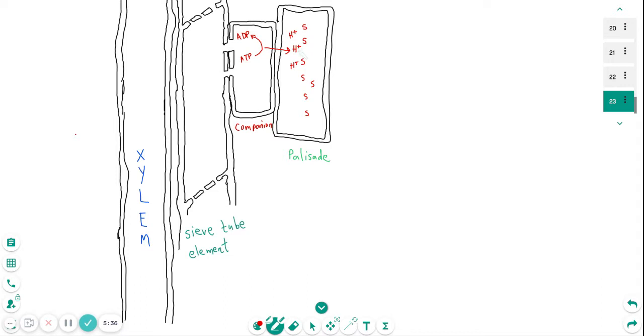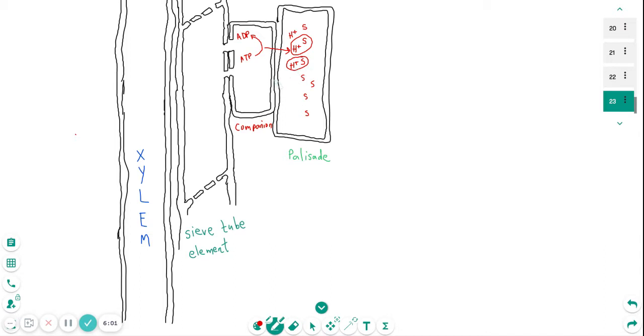As soon as enough hydrogen ions are pumped out, there's a high concentration of hydrogen ions out here. They are going to then bind with sucrose. And once this happens, the protein channels will allow sucrose to enter, but only when it's binding with the hydrogen ion.